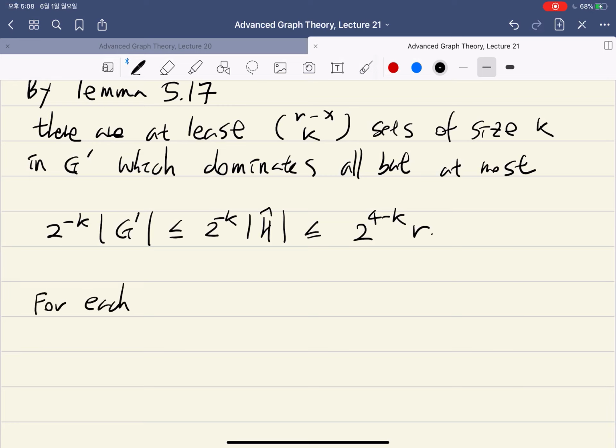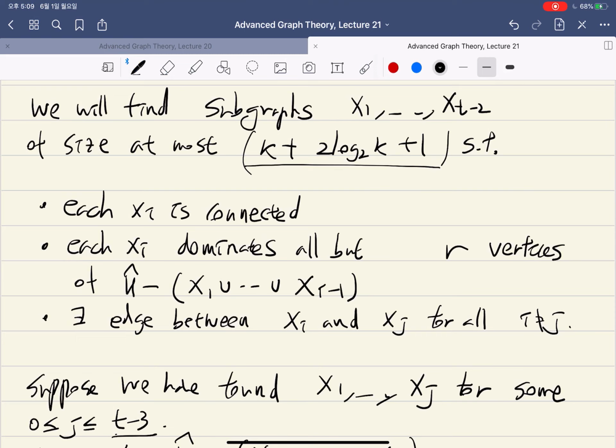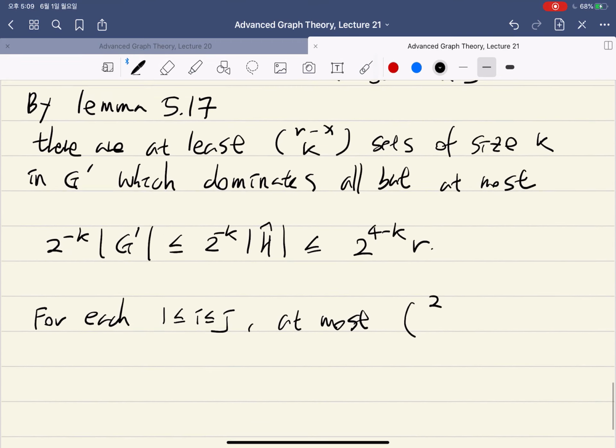So for each i between 1 and j, we know that at most 2 to the, let's change this to 2 to the 4 minus k. Yeah, I'm sorry for keep changing the numbers a bit, but I will update the lecture note before I upload it.